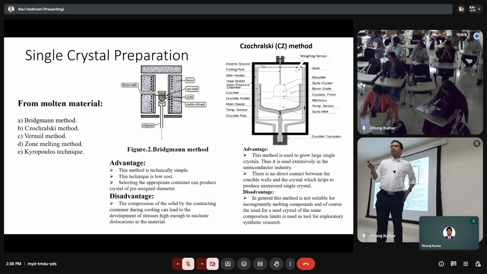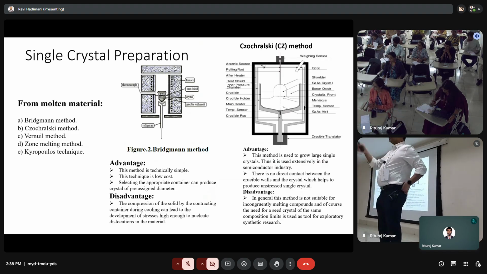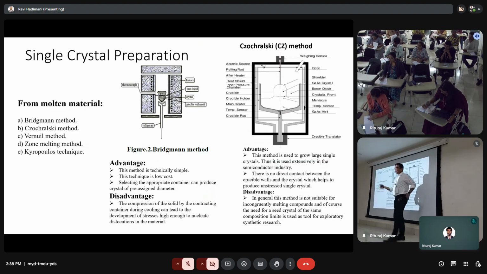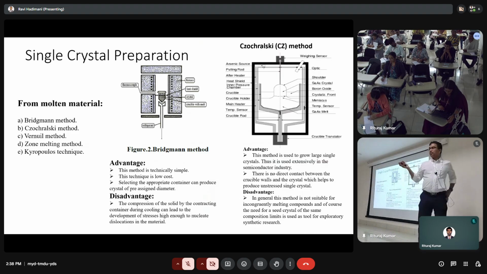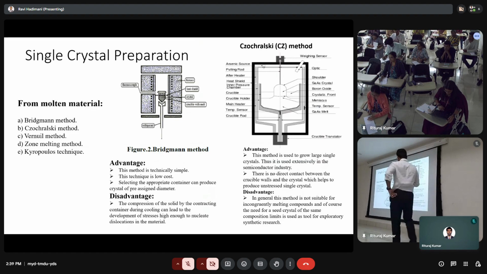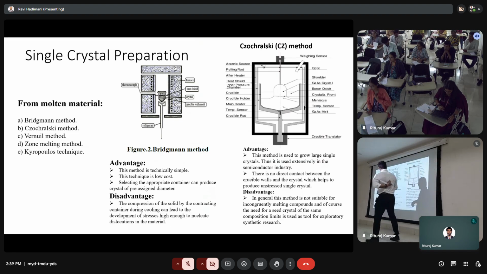Single crystal, right? Because in polycrystalline, you have grains that impede the motion of electrons. Likewise, for mechanical properties, the grains will act as pinning sites or will impede the motion of dislocations. So you will have higher yield strength, but they are less ductile, more brittle, whereas single crystal will be more ductile for the same material.